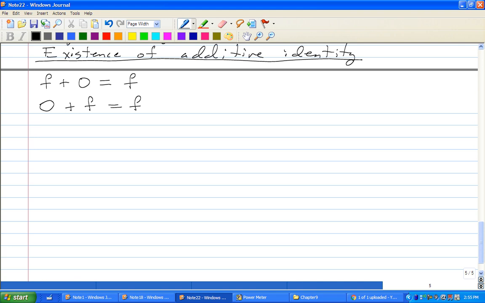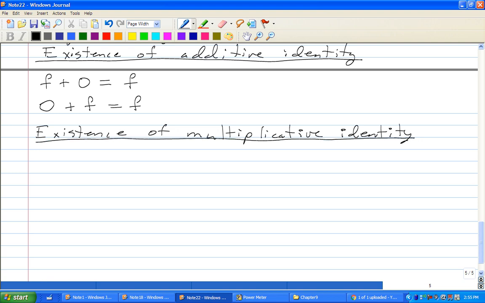We also have the existence of a multiplicative identity. And so there exists some function called the multiplicative identity, such that for every function f, f times the multiplicative identity is just the original function f.